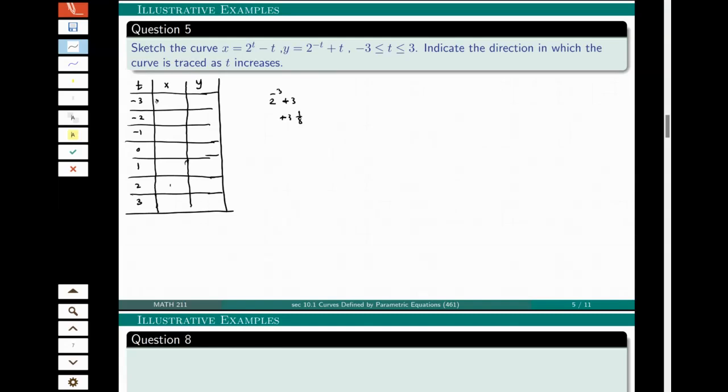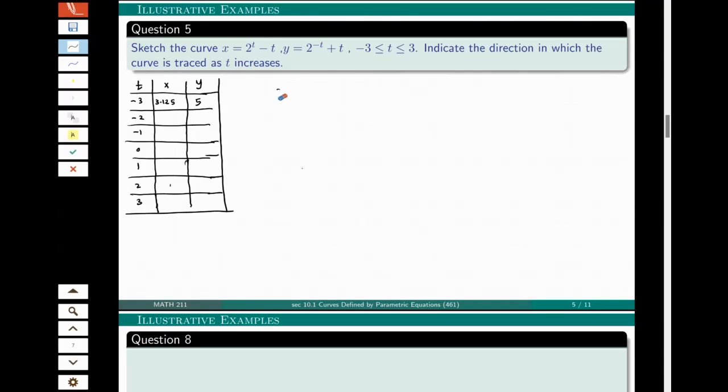So it will be 3.125. For the y coordinate, if we substitute minus 3, it will be 2 raised to the power 3 minus 3, so it will be 8 minus 3, which is 5.